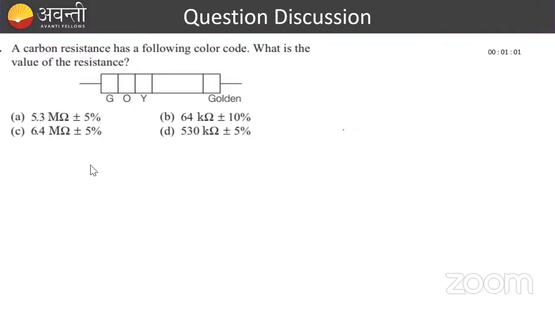You just need to see which color stands for which number.